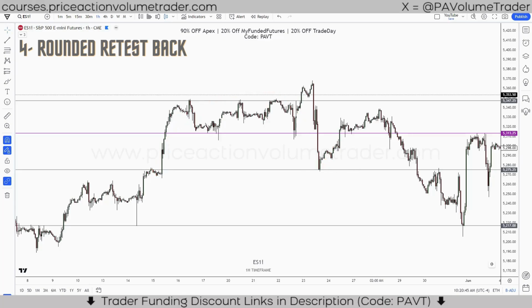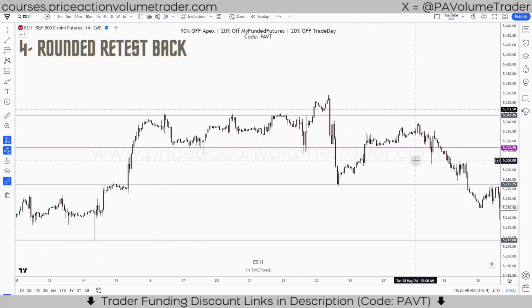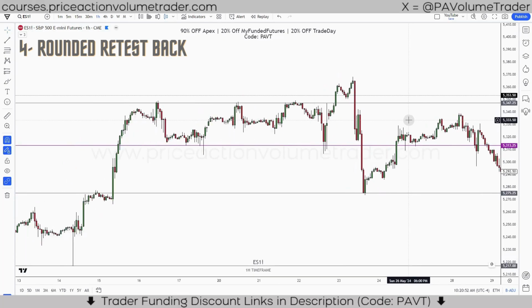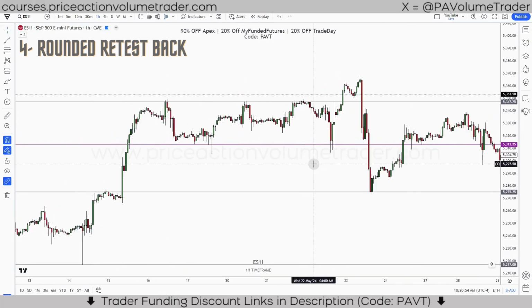Okay, we're not going to always get a huge perfect reaction, but in other examples, we do want to see also a shift in structure. This one, for example, we had this breakdown here, which broke below these lows.